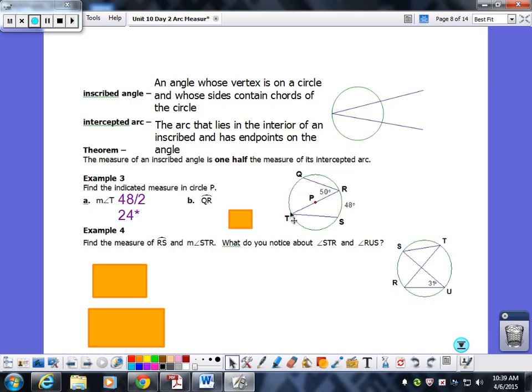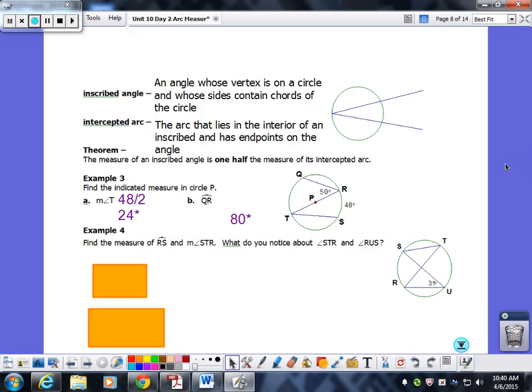First, we have to find QT. Since angle R is 50 degrees, we know that QT is going to be 100. And TR is our diameter, so this creates a semicircle. So QT plus QR is going to be 180 degrees. So we take 180 and subtract QT, which is 100, and we're left with QR as 80 degrees.